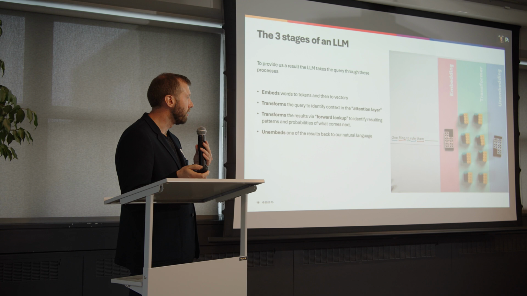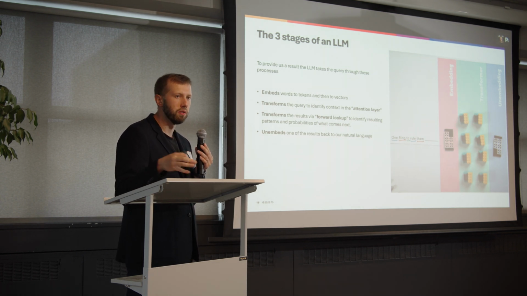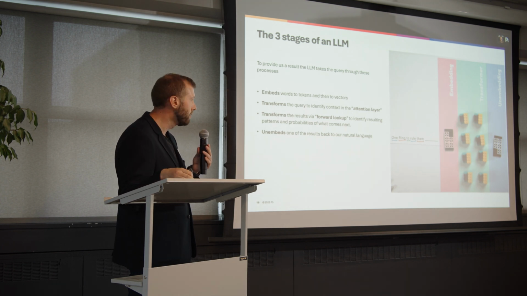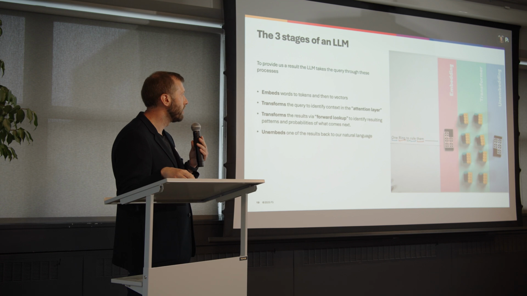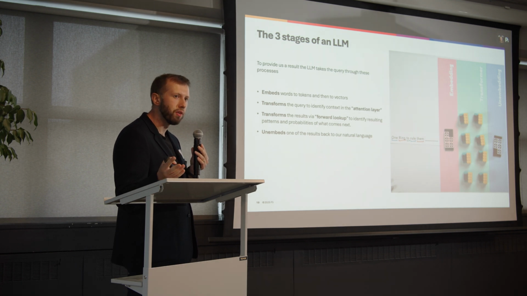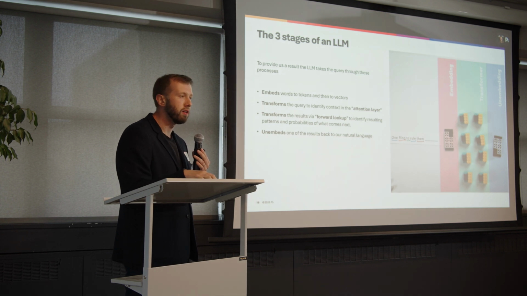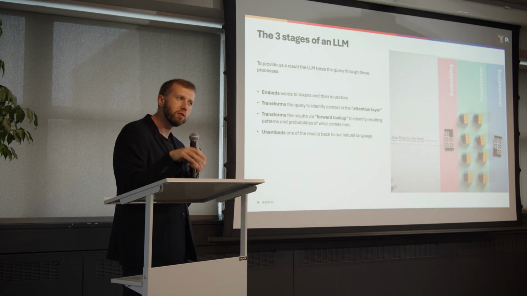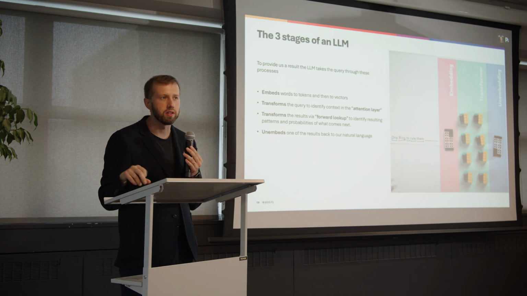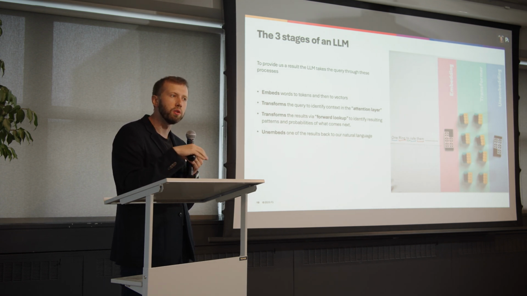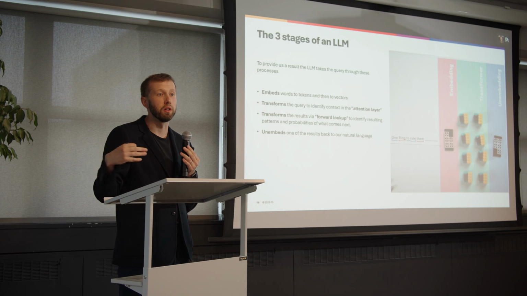So what the LLM does is embed what we typed into it, first into tokens and then into vectors. A token is just a representation of the word, don't worry too much. Then it goes through layers of transformation, and this is specifically why these LLMs are called transformer models. It first does an attention phase where it tries to guess, based on all of the words you used in a sentence and their context, what you actually mean when you ask one ring to rule them.